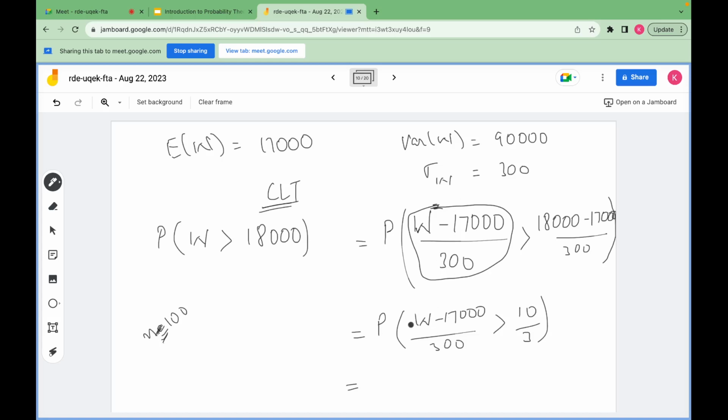So we can denote this as some Zn. So the probability that Zn is greater than 10 by 3 is nothing but 1 minus the probability that Zn, I will write it on the next page.